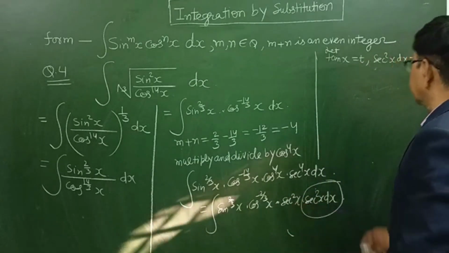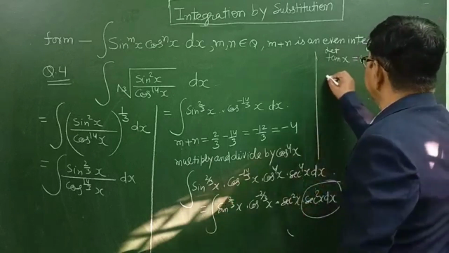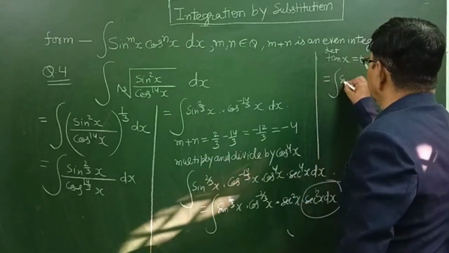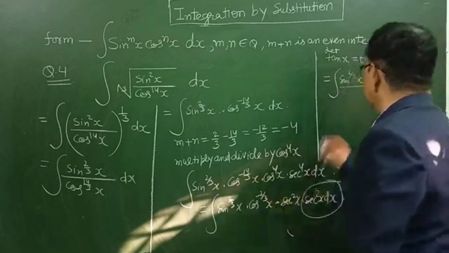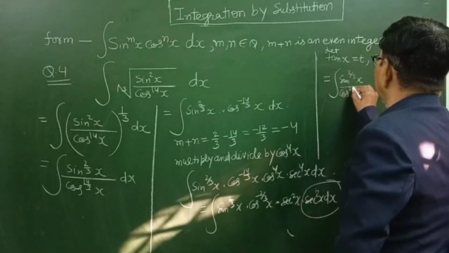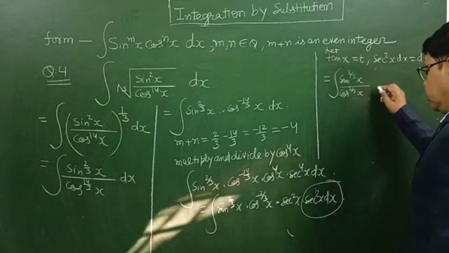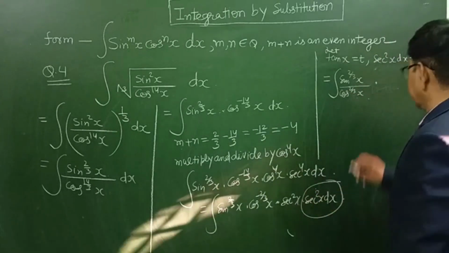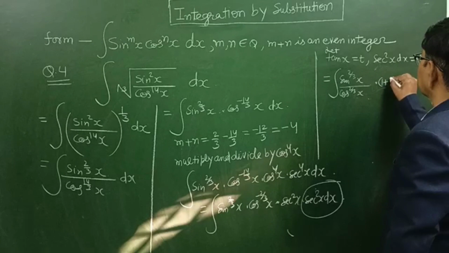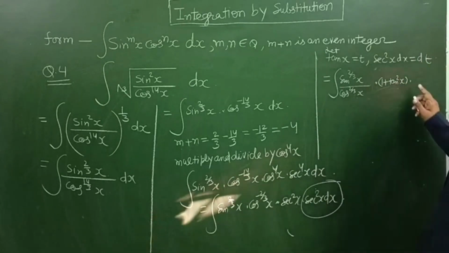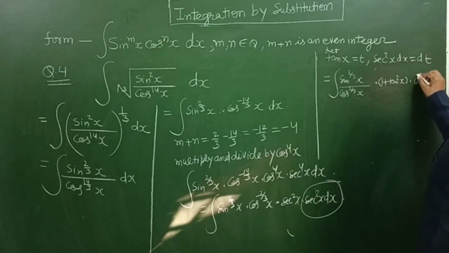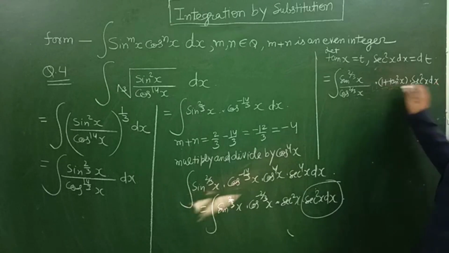And this is equal to the integration of sin^(2/3) x, this cos minus 2 by 3 becomes cos 2 upon 3x, into this sec square x, which is equal to 1 plus tan square x, into sec square x dx, which will be replaced later.